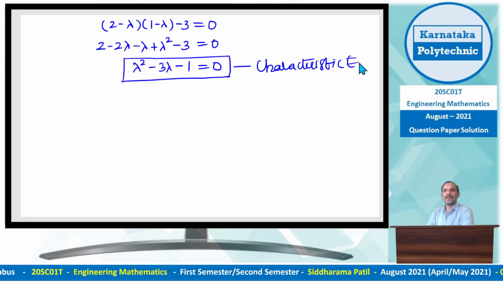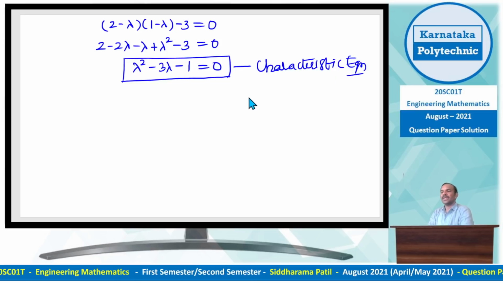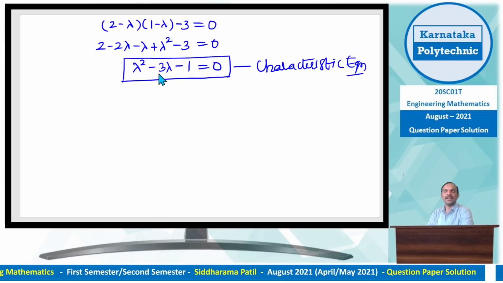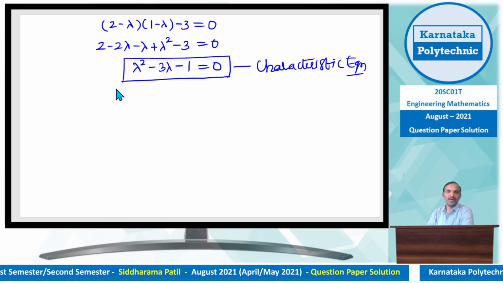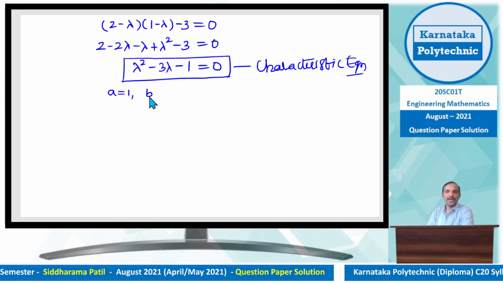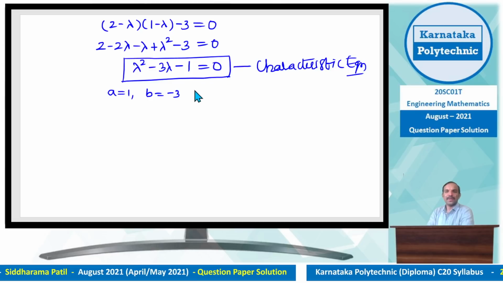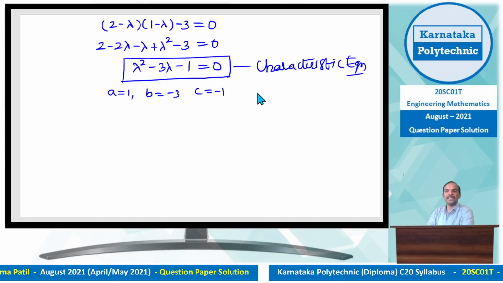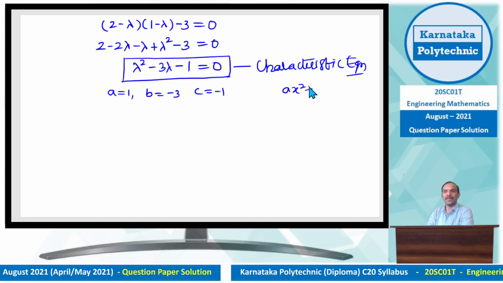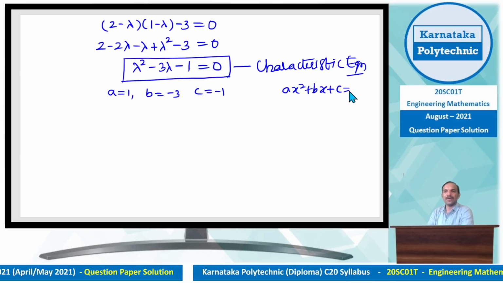Next you have to find out the characteristic roots. For that you have to factorize or go for the formula method. It is not possible to factorize, so go for the formula method. In the formula method here A value is 1, B value is minus 3, C value is minus 1. The standard equation is ax square plus bx plus c equal to 0.